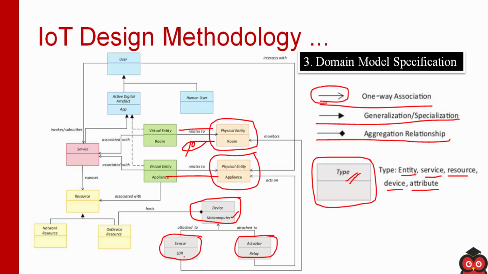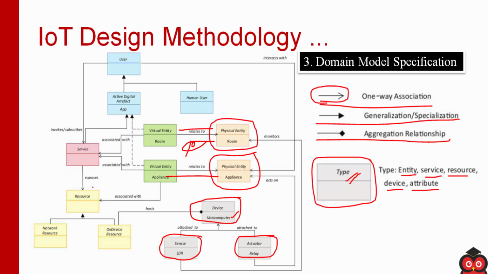The purpose of this LDR sensor is to measure the level of light. And the actuator they are using is relay. So what is the purpose of relay? Based on the electrical signal it will switch off or switch on. That is the purpose of relay. So both of these things are attached to the device, which is Raspberry Pi.